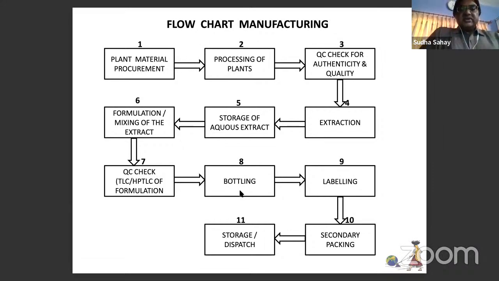Once that has been established, then in subsequent batches of formulation, you can look for the quality and quantity of that particular band pattern in the HPTLC to maintain the formulations. Then of course you can do the bottling, labeling, and storage for dispatch with or without secondary packing. This, in a nutshell, is the way the formulation after validation is developed in the form of products.